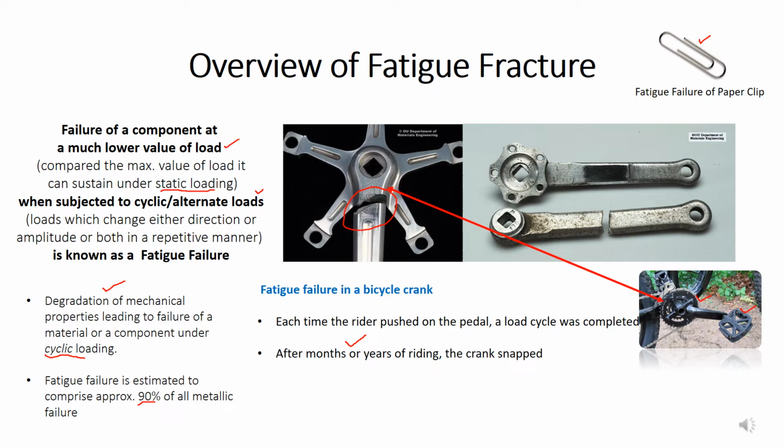Cyclic or alternate loads are loads which change either direction or amplitude or both in a repetitive manner. So when a component is subjected to cyclic loads over a long period of time, it fails at a much lower value of load compared with the value at which it would fail under static loading.